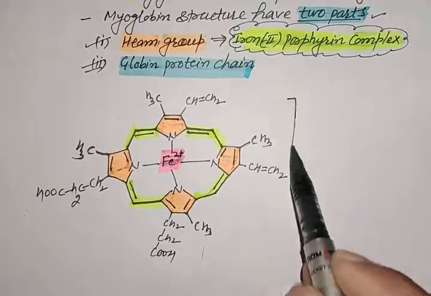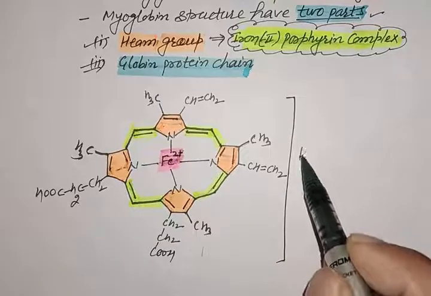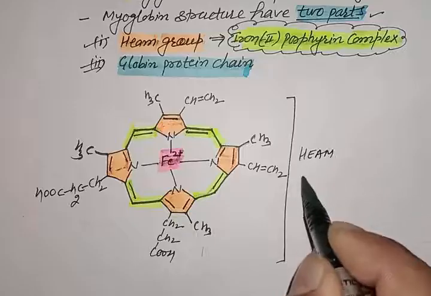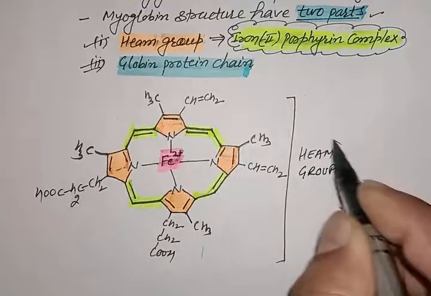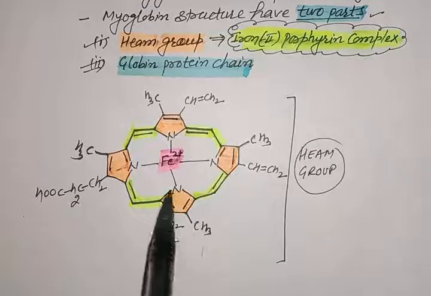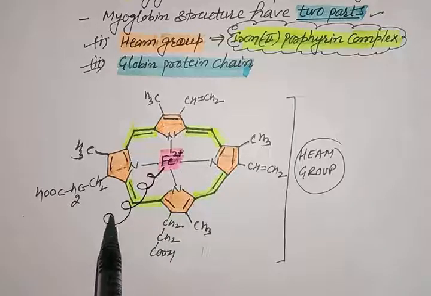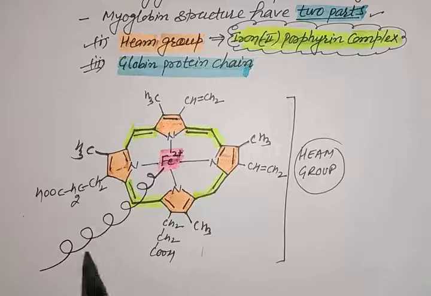This iron 2 porphyrin complex is also called the heme group. At the fifth position of this iron metal there is a protein chain. This protein chain is also called globin protein.